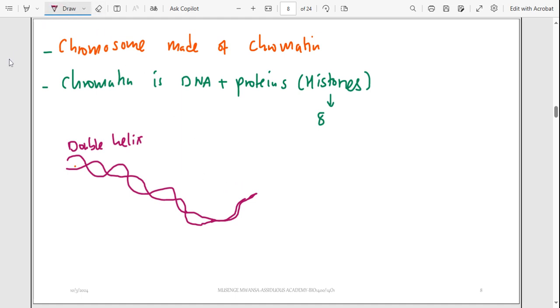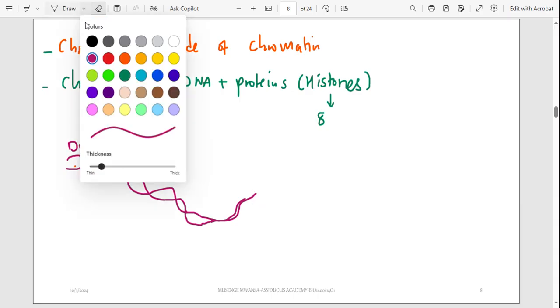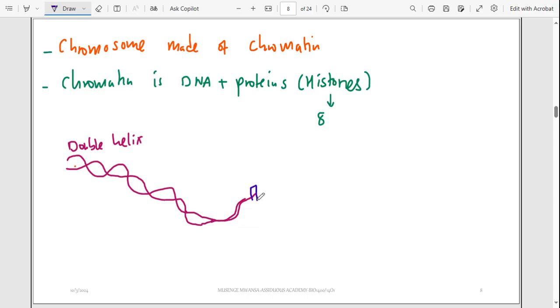So this DNA, when it becomes longer and longer, will start coiling around these proteins, which we call histones. So we're going to see we have got a histone here, and then the DNA here is going to coil. Let me write another color so that it can make sense. So I'll put a histone here.